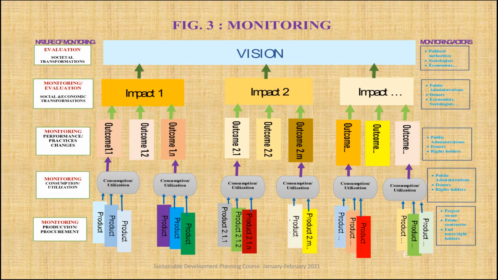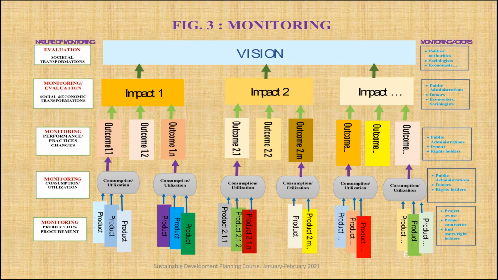As you can see, at the lowest level, the type of monitoring is the monitoring of the production and the procurement of the product. And then you have as prime actors the project owner, the project contractor, the end user, and right holder as we have defined them.